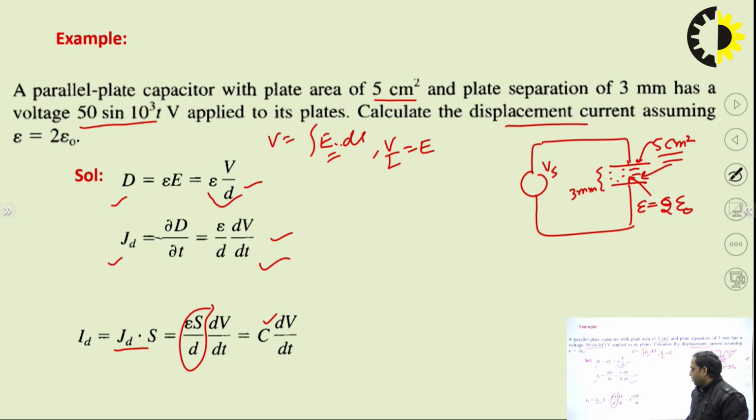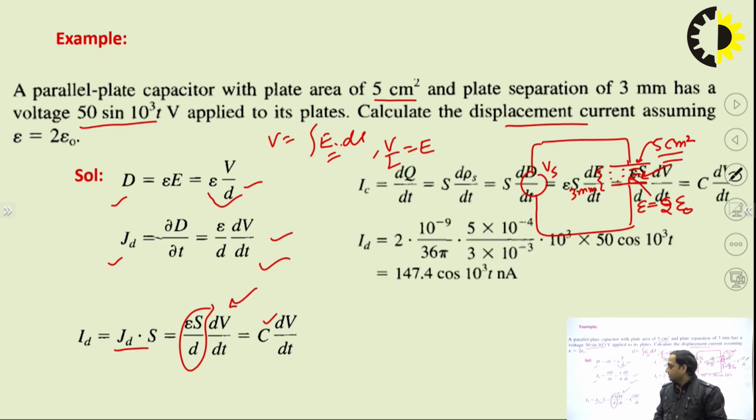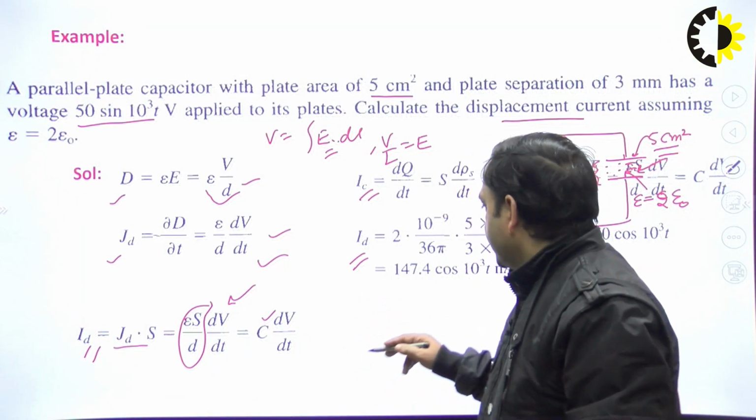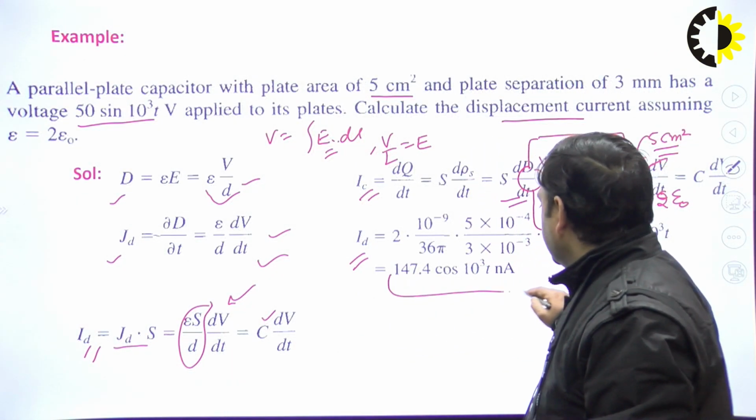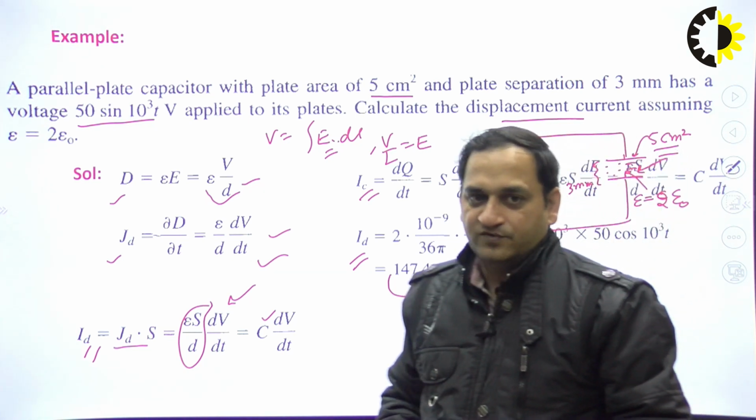Just put all the values into this equation and we can find the displacement current. IC is also the same, as we said. The value of IC and the value of ID are the same, and we have discussed this concept in our previous lecture. Based on that we can find ID, and it shows the ID value is similar to the IC value.